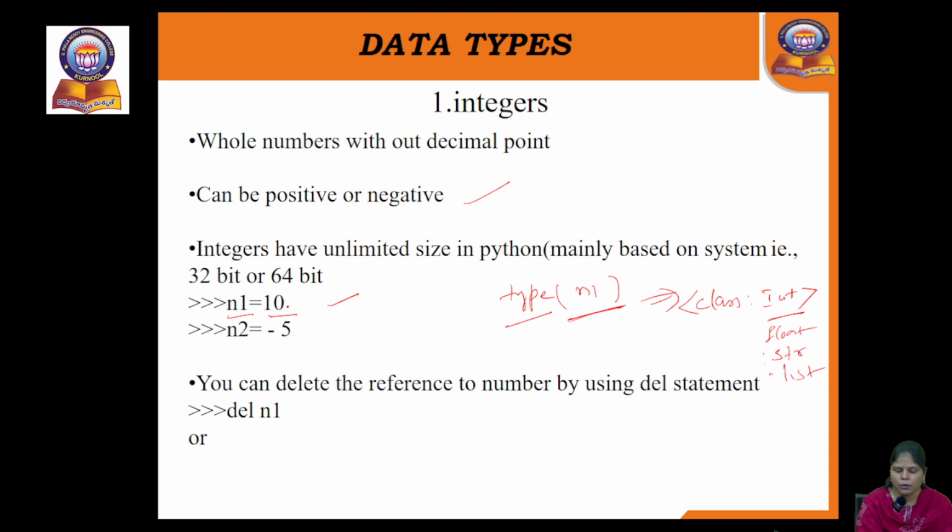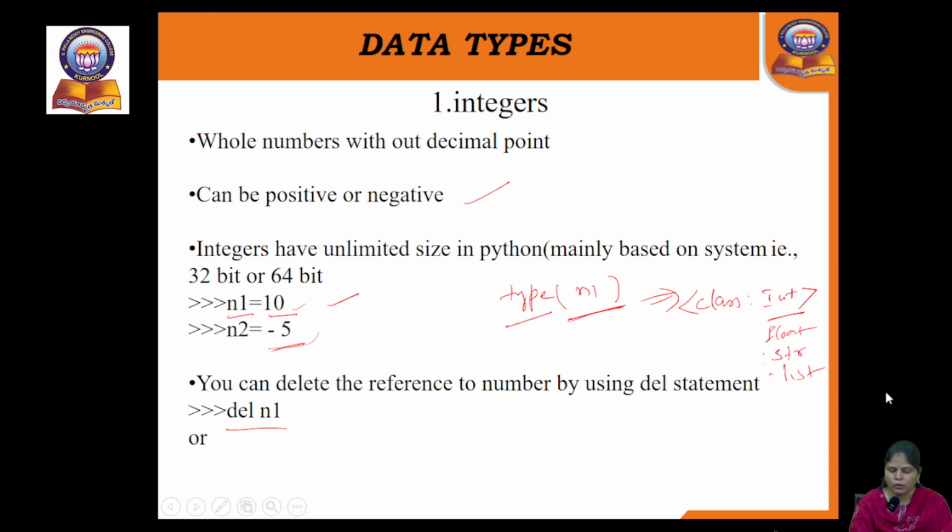So this is a positive value, and this is how you can assign a negative value. Just mention the minus sign and then whatever digit you want to give. Whenever you mention it like this, it will be considered a negative value. And there is one statement where you can delete or remove a particular variable from the memory using del space n1.